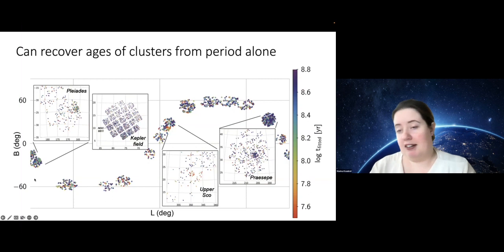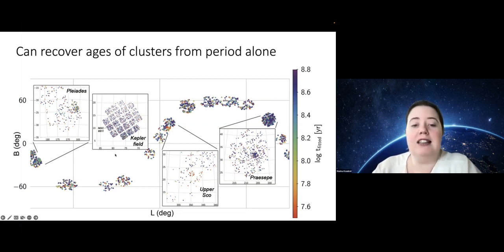And for the clusters that are present in these fields, such as Pleiades or Praesepe, we are able to recover their ages just from rotational periods alone. And for example, in the Kepler field, you see that most of the field stars that are not associated with the clusters are quite old. They might have some contamination from rapid rotators, but for the most part, we tried to clean it out.